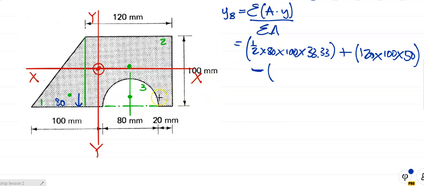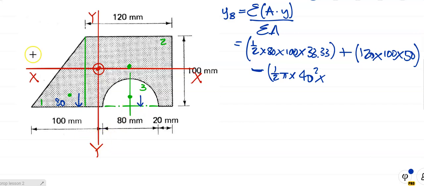What's the area of a semicircle? It's half pi r squared, half pi times the radius squared, which is 40, times y. What's y? Y is the distance from the centroid of the semicircle down to that over there. And what's the formula for the distance from there to there? From the table, it is 4r over 3 pi.